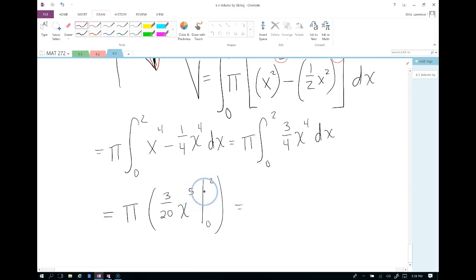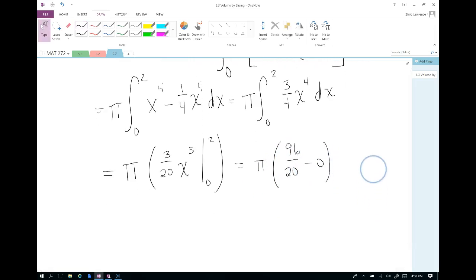So 2 to the 5th is 32. 32 times 3 is 96. And if we plug in 0, we're going to get 0. And 96 over 20 can be simplified a little bit. They both have a factor of 4. If we pull out a factor of 4, I believe we're going to get 24 over 5 pi.